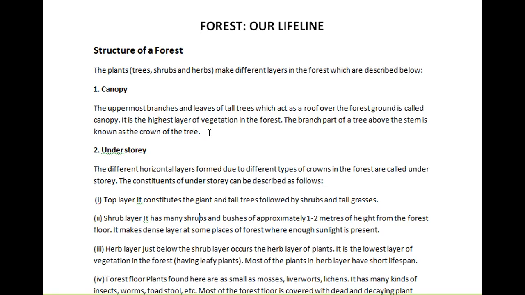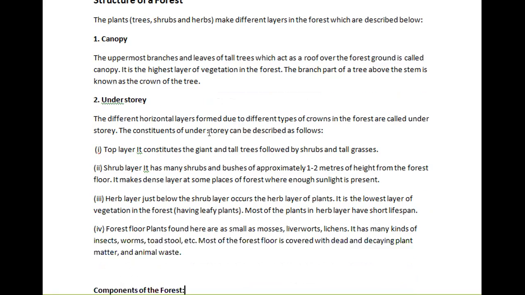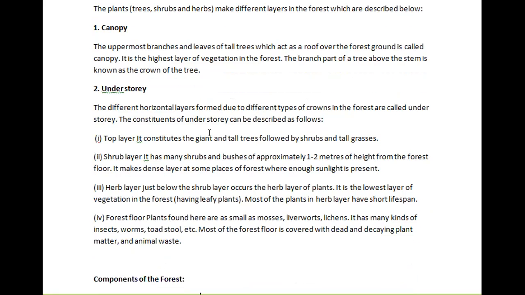Understory. The horizontal layer formed due to different types of crowns in a forest is called an understory. It consists of top layer, shrub layer, herb layer, and forest floor. That is the top layer, the giant tall trees, followed by the shrubs and tall grasses.